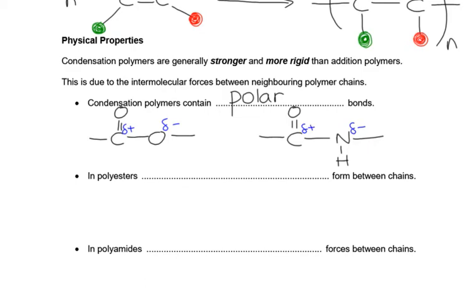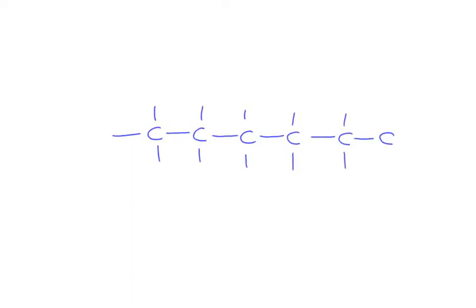Now I'm just going to add a little page and just have a look at something. You might say to me, well, in an addition polymer, which has got lots of C's like this, and there's groups sticking off, then there'll be polar bonds. So there could be a Cl here, and this one would be a H and wouldn't be polar, but there could be an OH here, and you might say to me, well, that's a polar bond, and that's a polar bond.